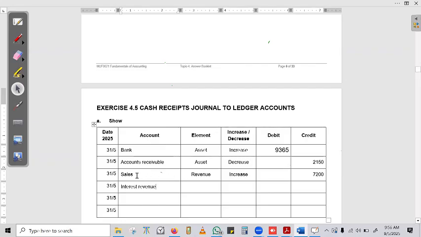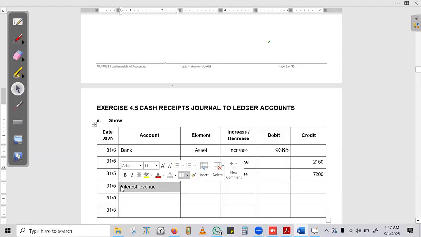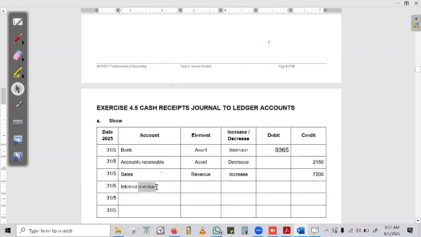For sales, we don't write revenue because sales can't be anything else. It's only revenue. But interest can be expense, right? So that's why we need the word revenue there. So interest revenue is revenue, obviously, right? And revenue always increases. 15, right?